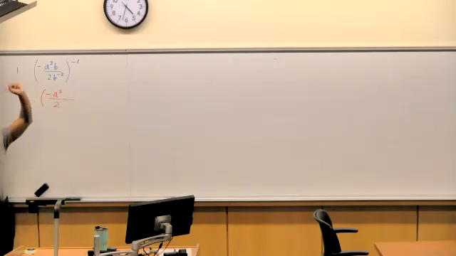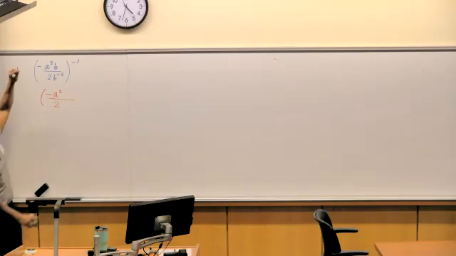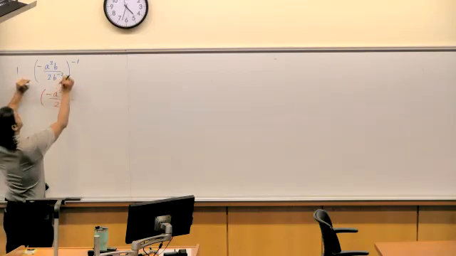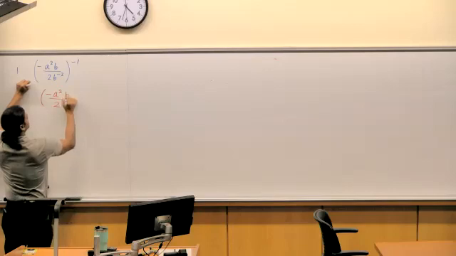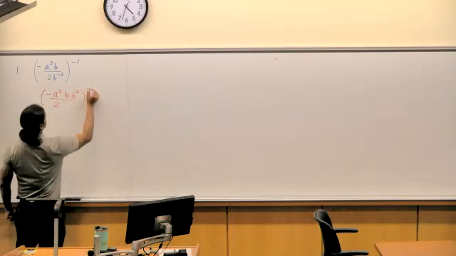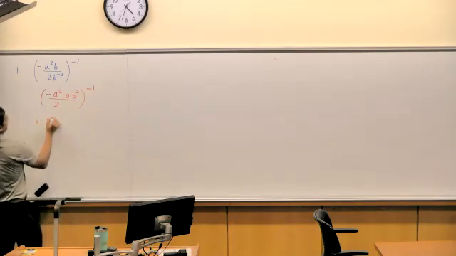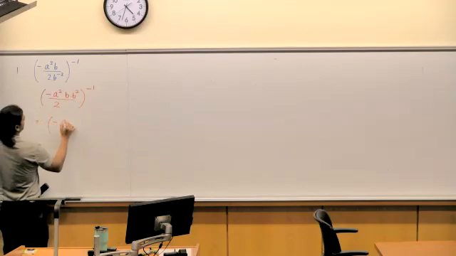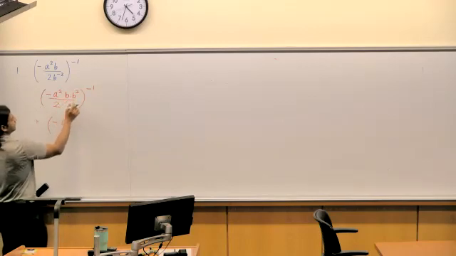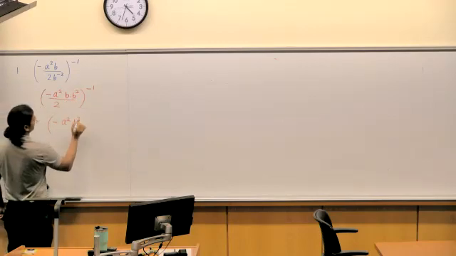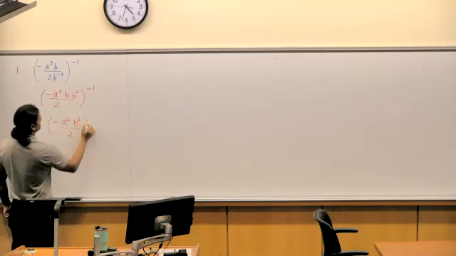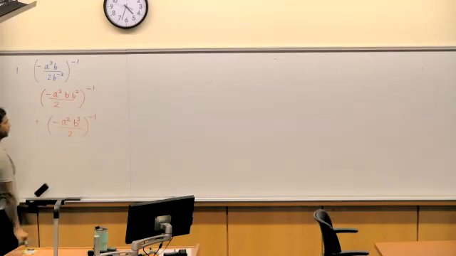There is no other a's or numbers. If I move this b raised negative 2 to the numerator, it would become b raised positive 2. So negative a squared, b times b squared is b cubed, divided by 2 raised negative 1.